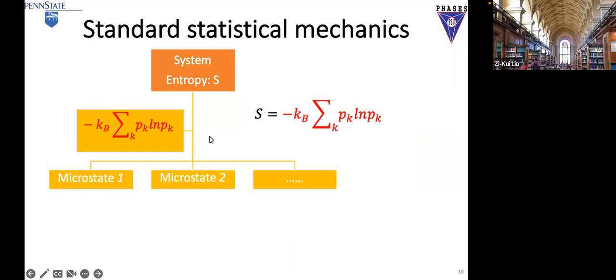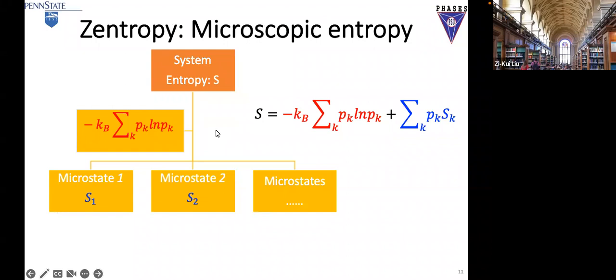However, if each microstate has entropy itself, then the total entropy of the system must have that distribution among different microstates and the entropy of the microstates themselves. So that basically has two terms now. The first term is from standard statistical mechanics, the second one is from what we call Zentropy, from the different microstates. We have to put them together.